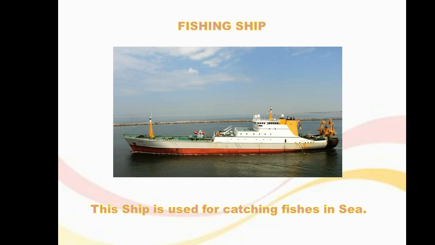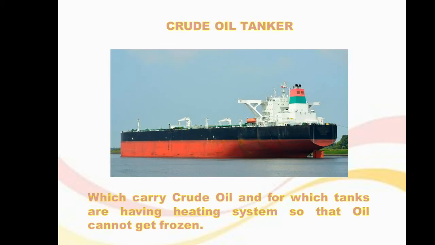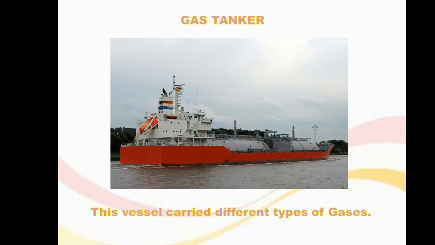There could be fishing vessels. There are many types of fishing vessels, and there are factory vessels. Then of course the crude oil carriers, with the crude oil heating system and the whole set of double hull construction to prevent pollution. So the oil tanker is a very large segment of the merchant shipping fleet.